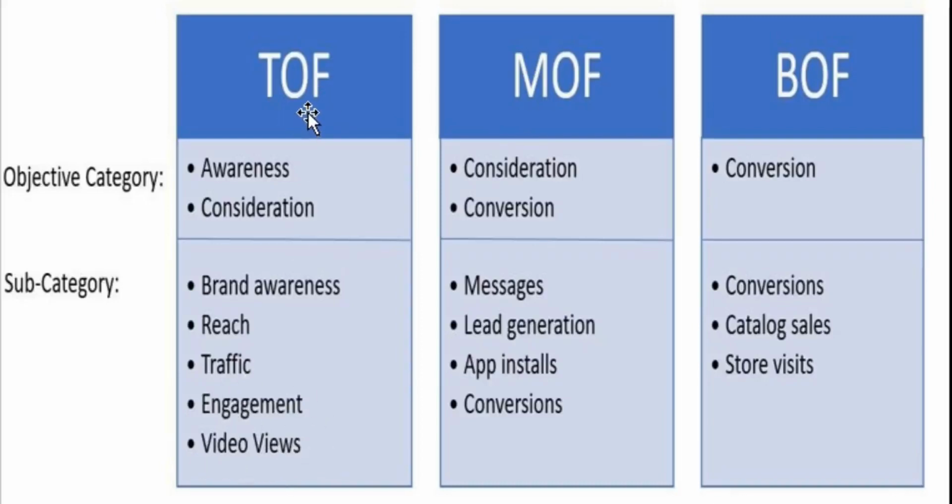For example, if I just want to do a video that explains my business and services to people, that is possible with video views. With engagement, you get people to interact with your products, services, content, and articles about your company. And if you want to drive traffic, that is also possible.